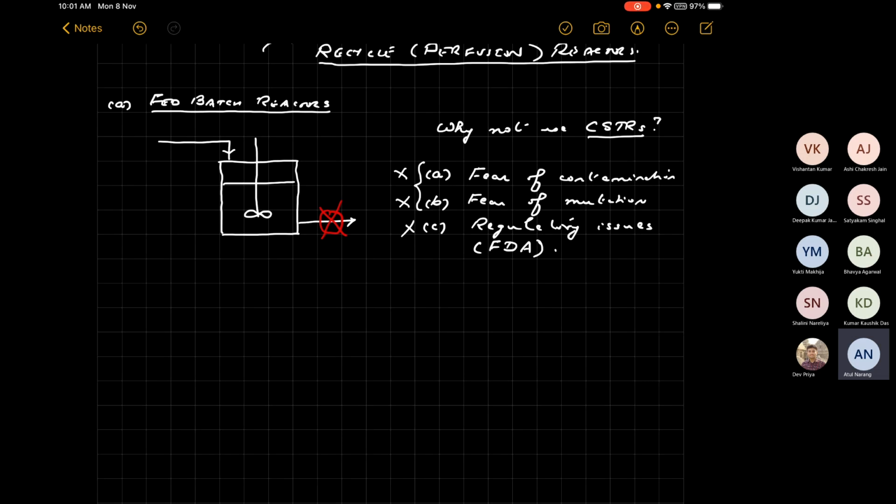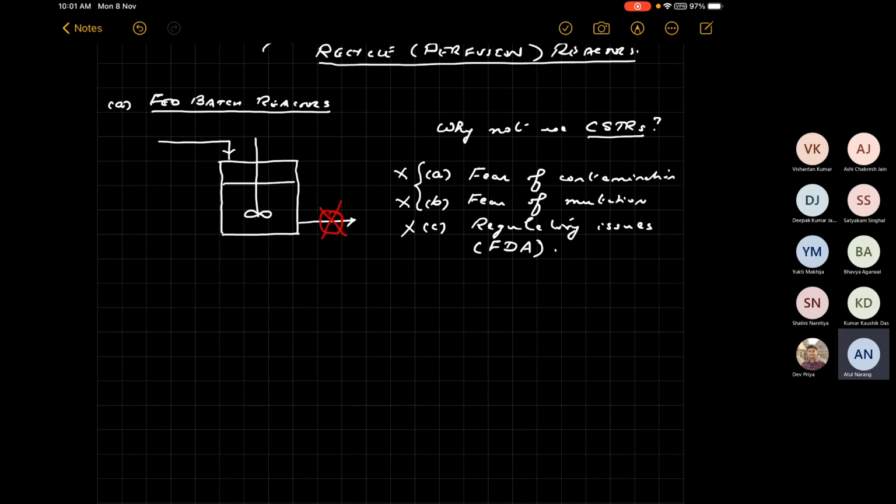I mean, you basically keep on running it until the reactor fills up. When the reactor fills up, you stop. That's your batch. It has a well-defined number, which you provide to the regulatory agency, and that's how your drug comes out. So that is why you use fed batch reactors today, because of, in my opinion, a perceived fear of factors A, B, and C, mostly. There are other reasons too.